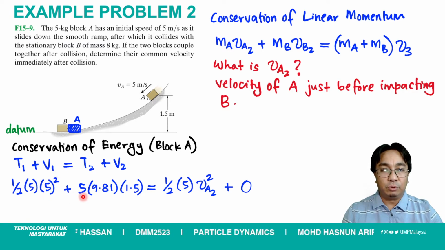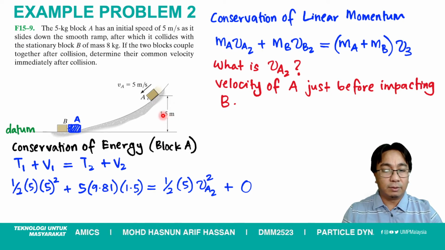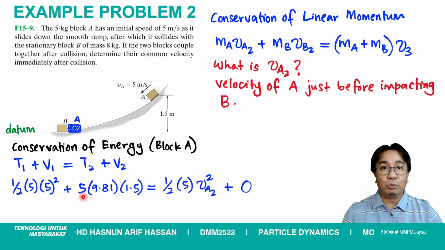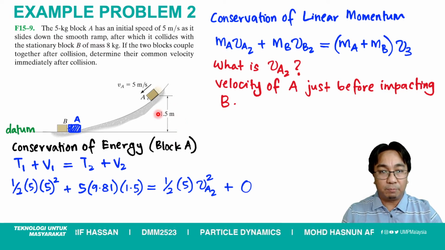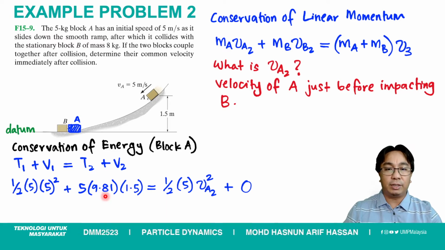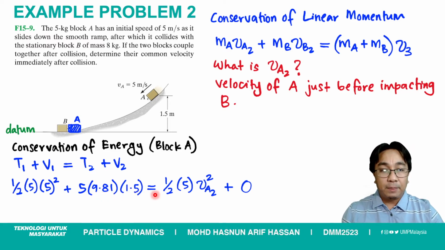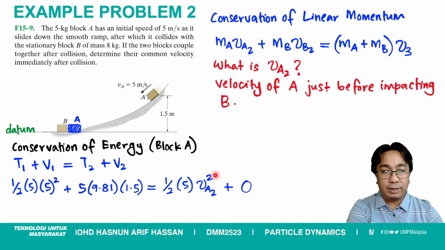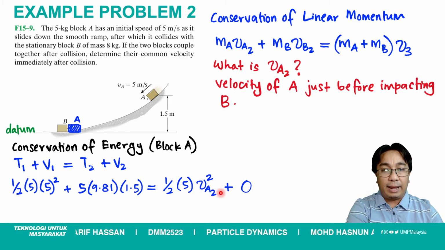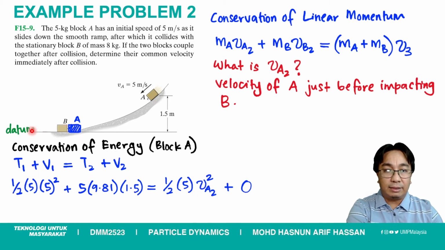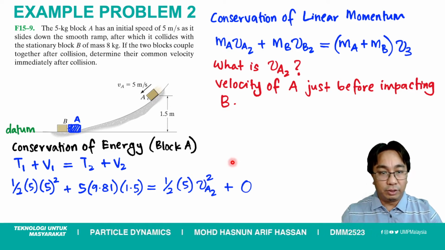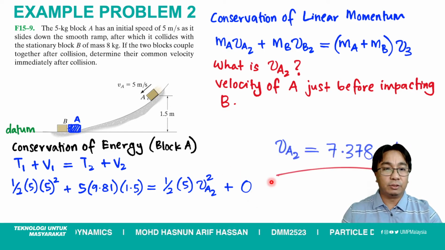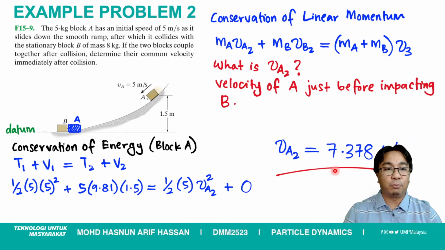V1 will be W times delta y, sorry, not W times G, my bad. So delta y here is 1.5 meters, so 5 times 9.81 times 1.5 equals 1/2 times 5 times VA2 squared. This is the one that we want to find, and V2 at the datum is definitely 0. So from here you will get VA2 is 7.378.